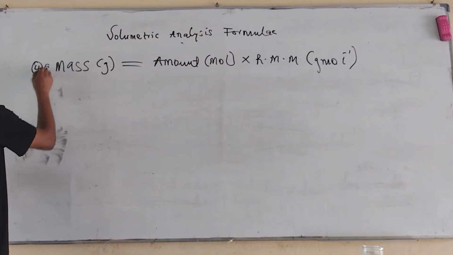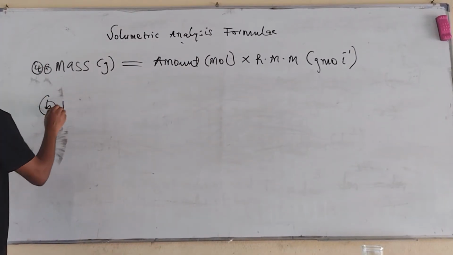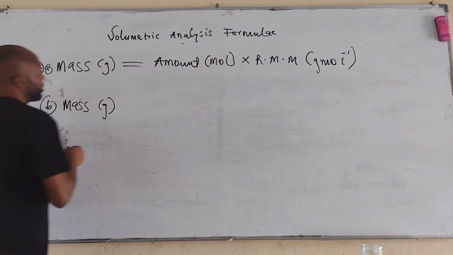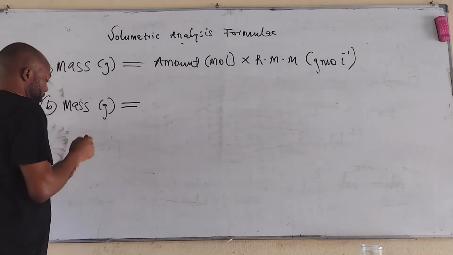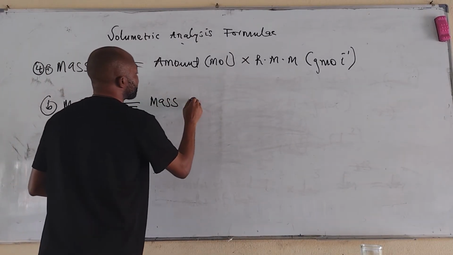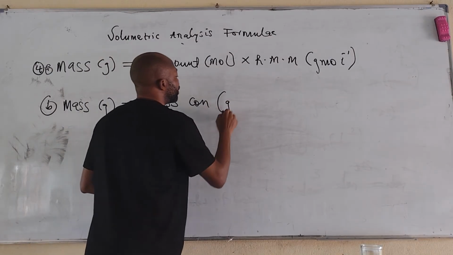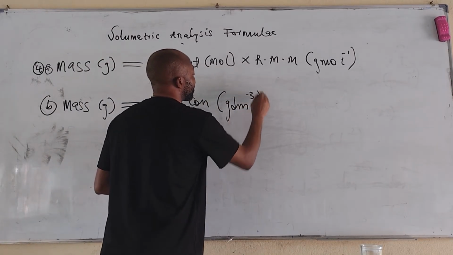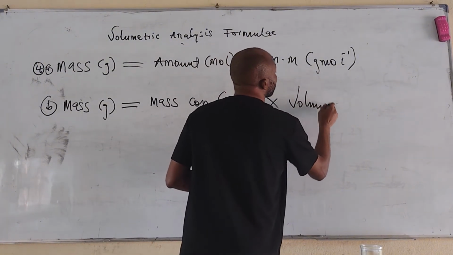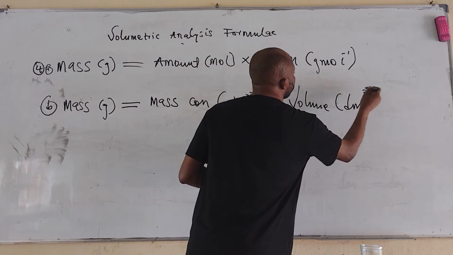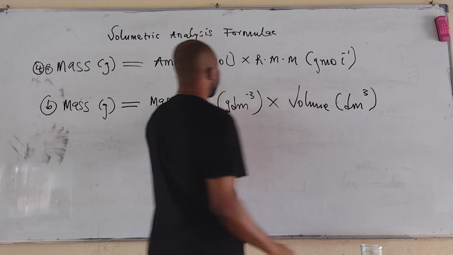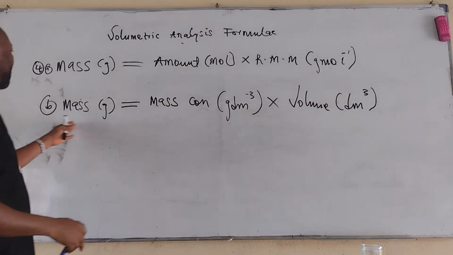This is A. Let's take B. Mass in gram, which is mass concentration in g per dm cube times volume in dm cube. So this will strike out this. I'll be left with this for my mass.